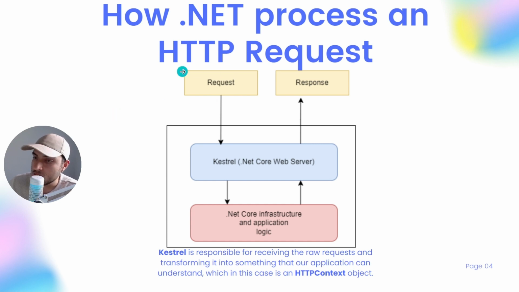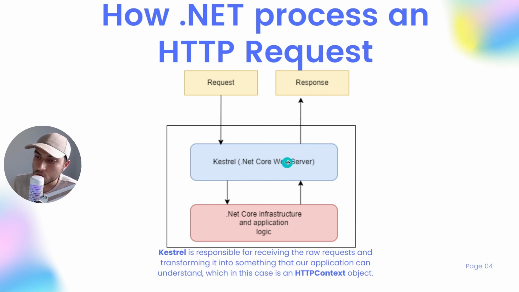So the request is received by the .NET Core web server, which is called Kestrel, as we saw before. Then Kestrel is going to send this request to our application, where we have the infrastructure and the application logic. Then it is going to generate the response.